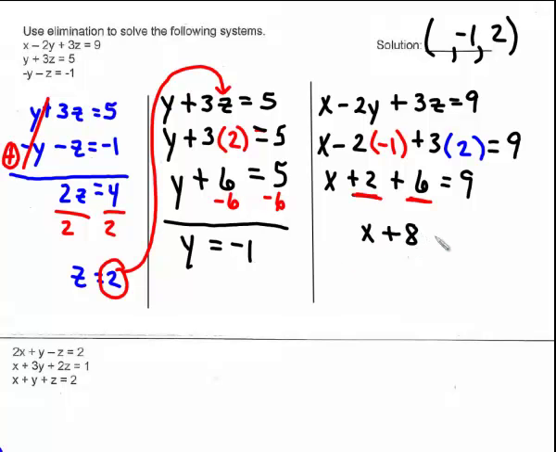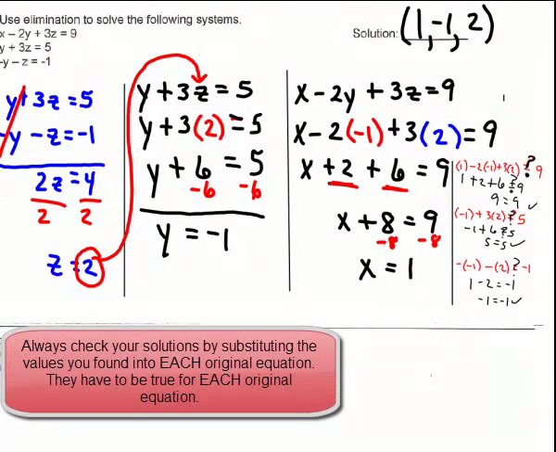X plus 8 is equal to 9. Subtract 8 from both sides, and x is equal to 1. We could check our answers to make sure this is correct. We know that 1, negative 1, and 2 is our solution, and we write that as an ordered triple.